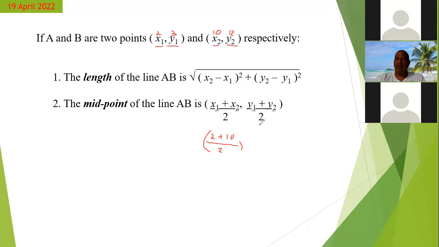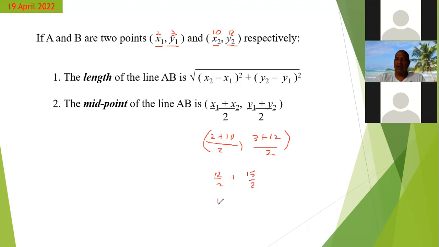For the y value, we would add 3 plus 12 and divide by 2, and that would give us our y coordinate. So 2 plus 10 gives you 12 divided by 2. And 3 plus 12 gives you 15 divided by 2.